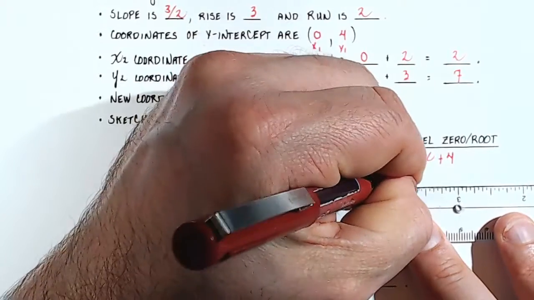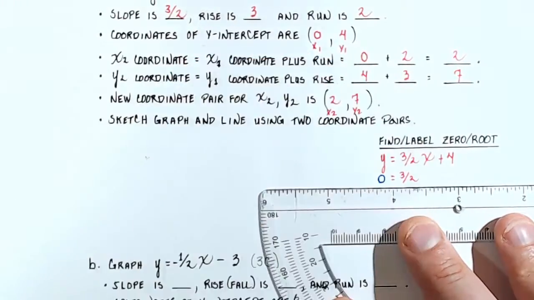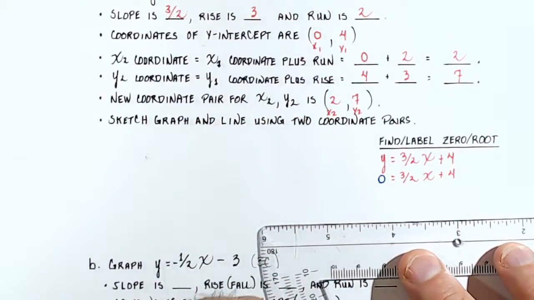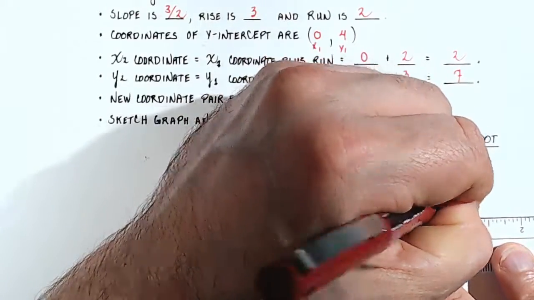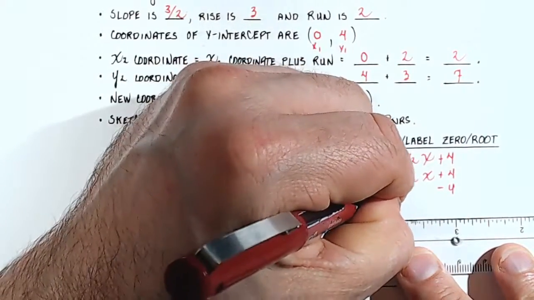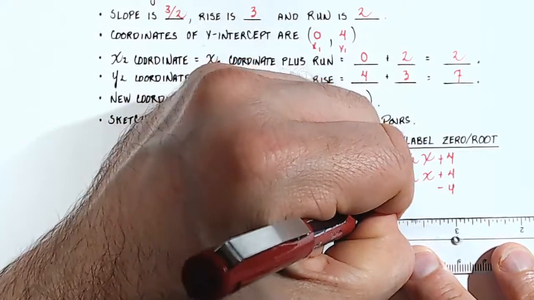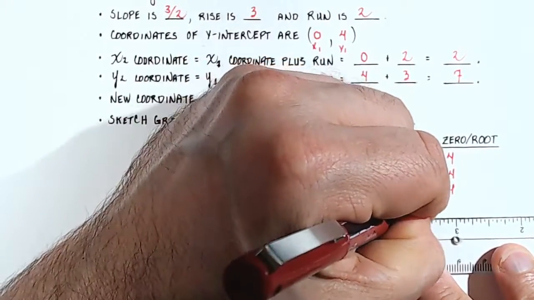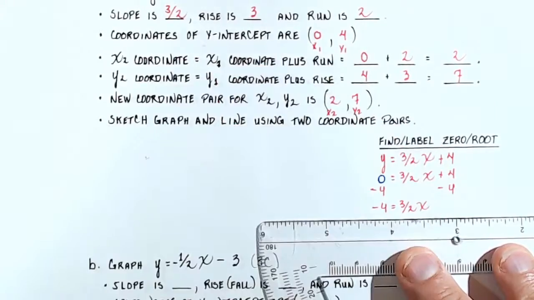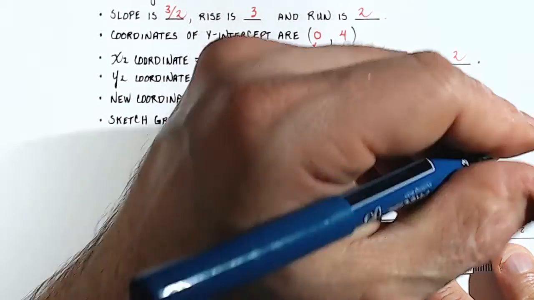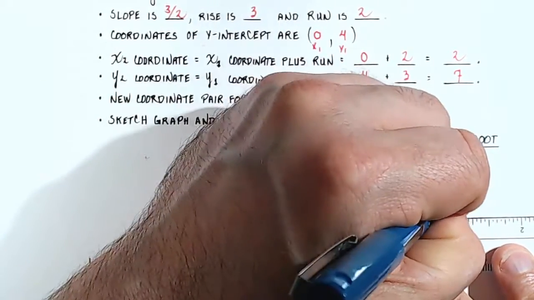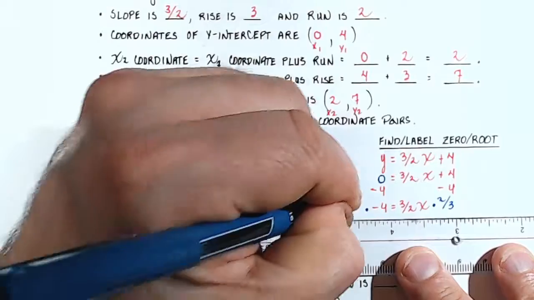So 0 equals 3 over 2 x plus 4. Okay, so what I'll do now is subtract 4 from both sides. Now I have negative 4 equals 3 over 2x. And I need to do keep flip change here, or multiply by the reciprocal, so I'll multiply both sides by 2 over 3.